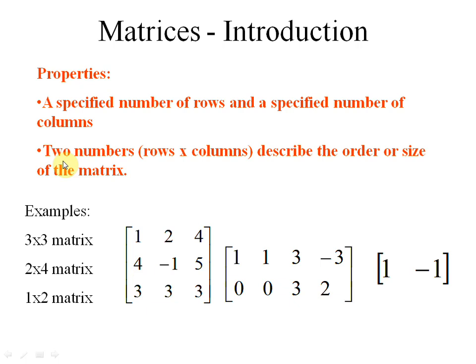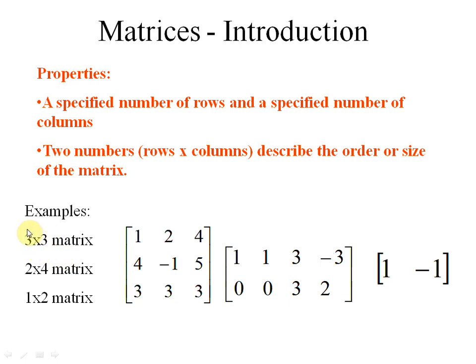The most important property of matrices is to find the order of a matrix. What is the order of a matrix? Two numbers describe the order or size of a matrix: the number of rows and the number of columns. In the first matrix, we have 3 rows and 3 columns.